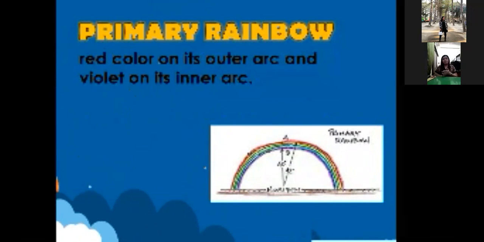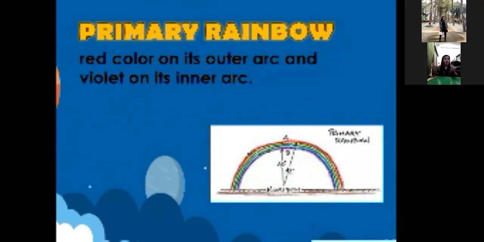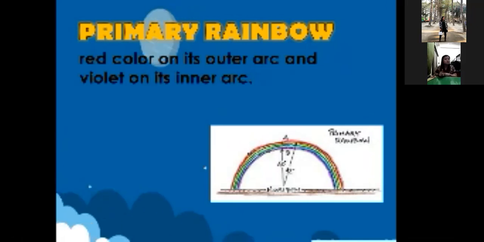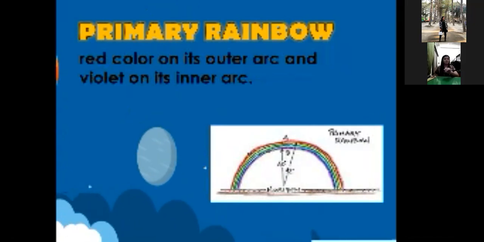Let me repeat that. A primary rainbow has a red outer arc and a violet inner arc. That's a primary rainbow.